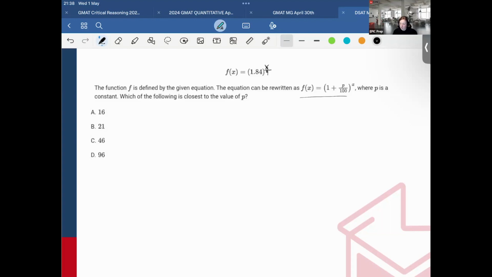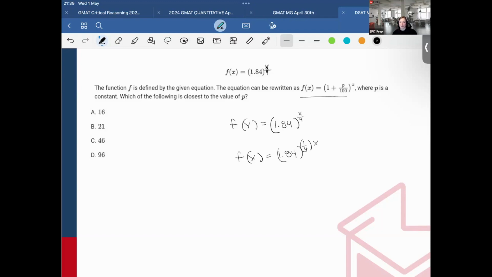Okay, so I have my f of x is equal to 1.84 raised to the x over 4. Another way to express that would be f of x is equal to 1.84 to the 1/4 times x, right?